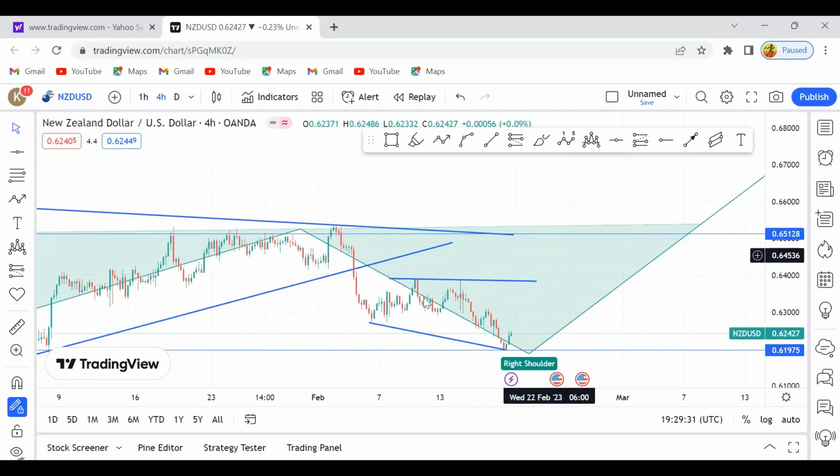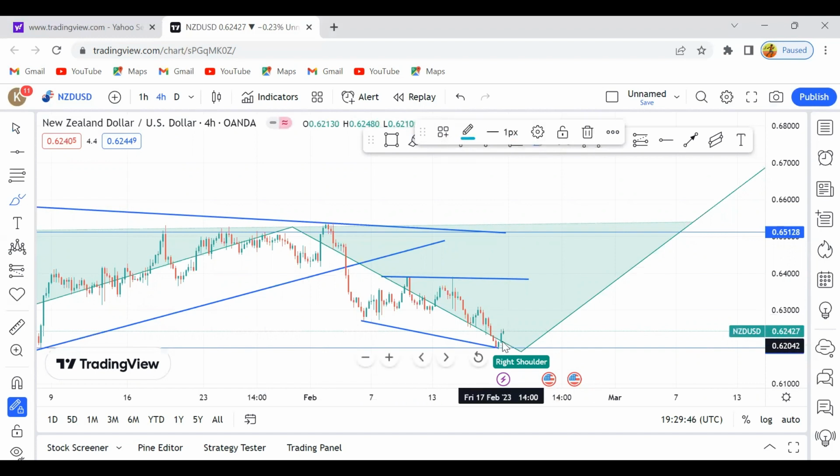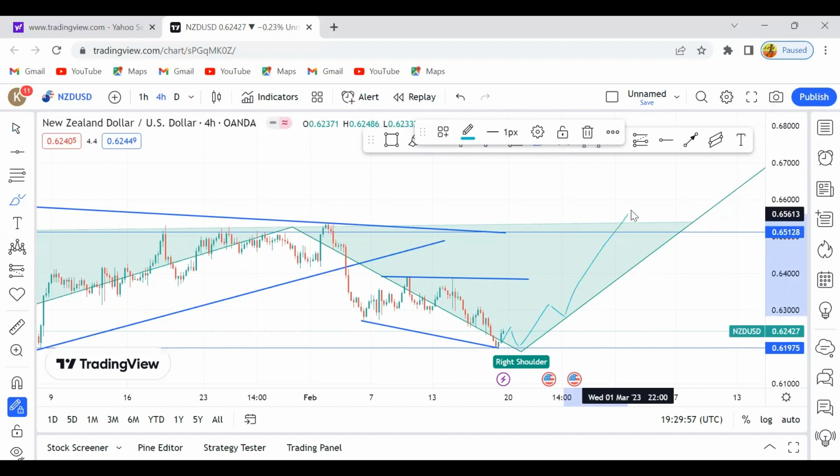However, it might possibly break in respect to this chart pattern, which is the inverse head and shoulder. So what I would expect from NZDUSD is to either move in this way or this formation to create a double bottom before continuing to the upside, create a bit of retest before going to the upside and breaking this zone, retesting and continuing to the upside.